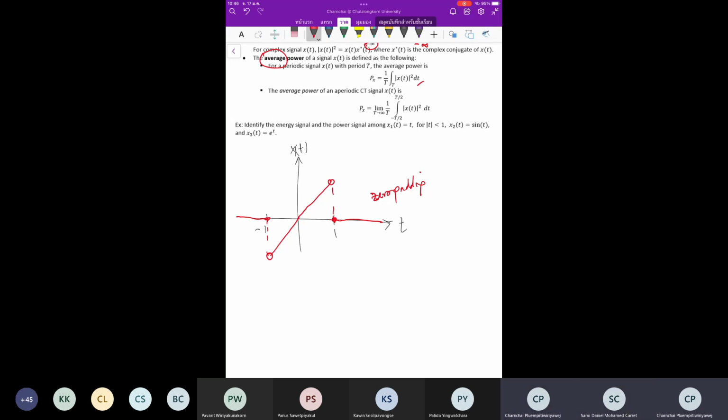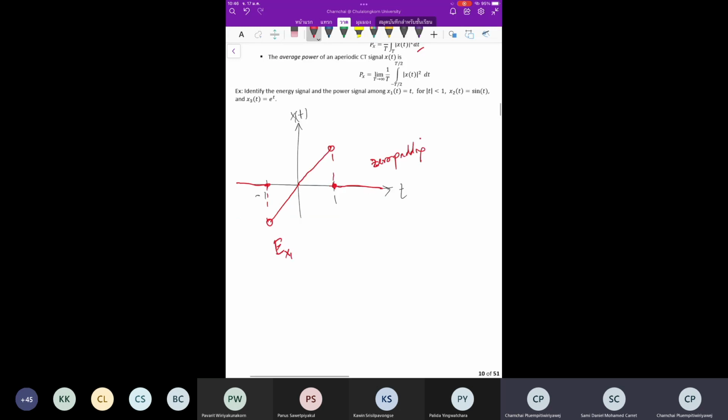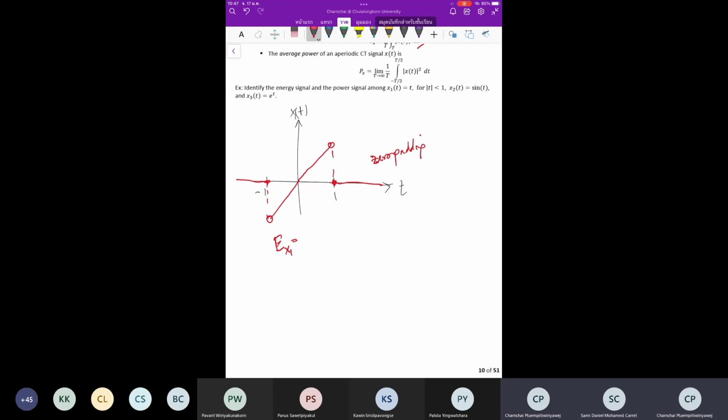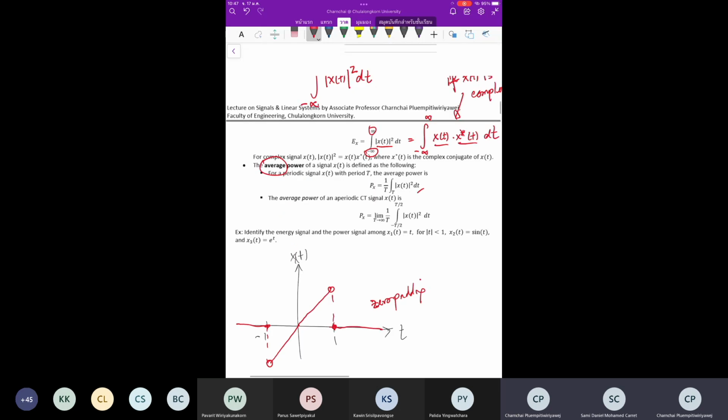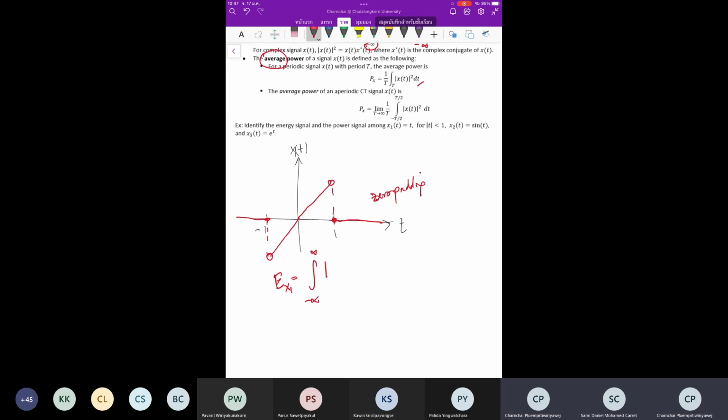First of all, we find the energy of x1. The energy of x1, by definition, is equal to the integral from negative infinity to infinity of the absolute value of x1(t) squared dt.